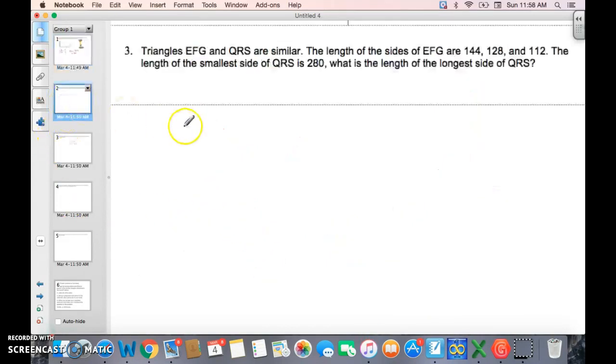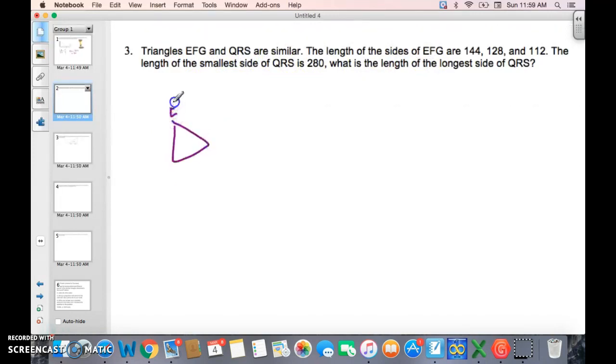Okay. Another example is if we have triangles EFG and QRS, they're similar. I'm going to draw my triangles here. E, F, and G, and then QRS.